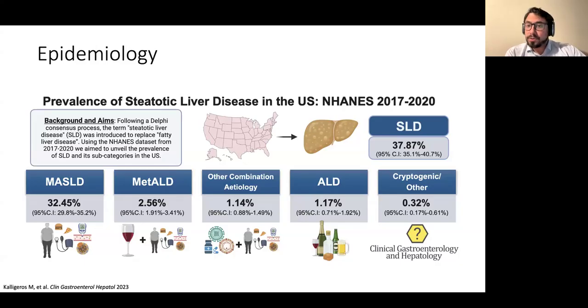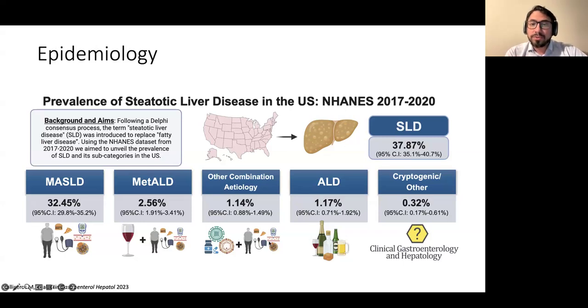But it's important to clarify, at least in this study, they identified a prevalence of 0.3% in the overall adult population of the United States, with a cryptogenic or other etiologies, including drug-induced liver injury.